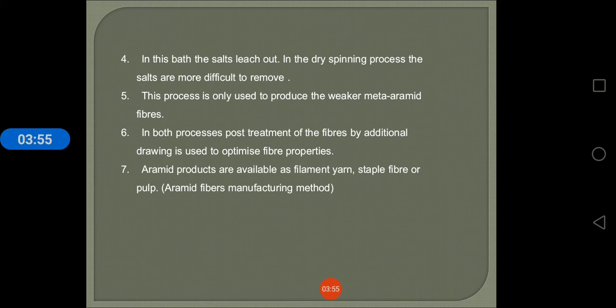This process is only used to produce the weaker meta-aramid fibers. In both processes, post-treatment of the fibers by additional drawing is used to optimize fiber properties. Aramid products are available as filament yarn, staple fiber, or pulp.